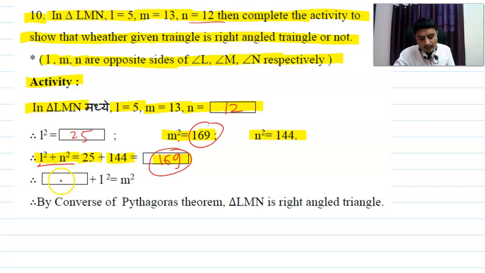So here L square plus N square, which is the same as N square plus L square because addition is always commutative, equals M square. By the converse of the Pythagoras theorem, triangle LMN is a right angle triangle, since it satisfies the Pythagoras theorem: the sum of the squares of any two sides equals the square of the third side.